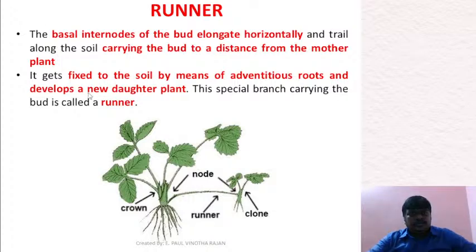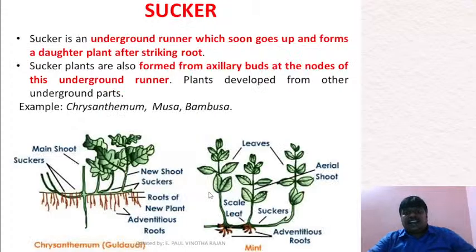Okay. So next is sucker. The sucker is an underground runner. See here, this diagram, you have to see it like this. This is the soil, the surface of the soil.